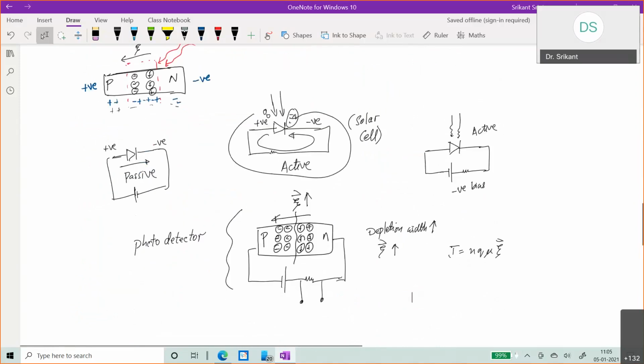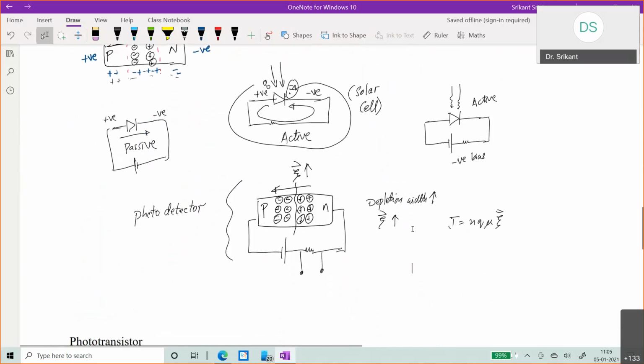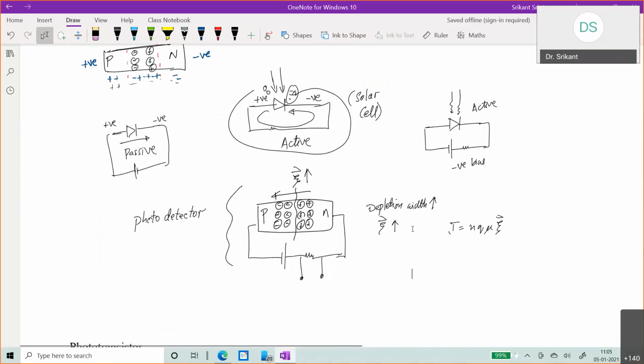Also, the opposite of it is the LED, where you can have a diode with the appropriate kind of materials and the band gap. So it need not be silicon, it can be different kinds of materials. If it's an LED, I'll just write it briefly here.